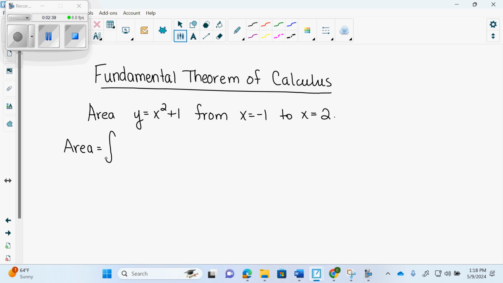So it's like an F of x without the line. I drew it backwards. Okay.